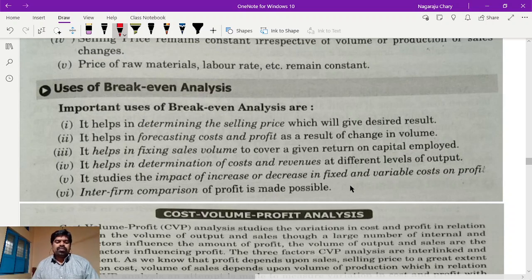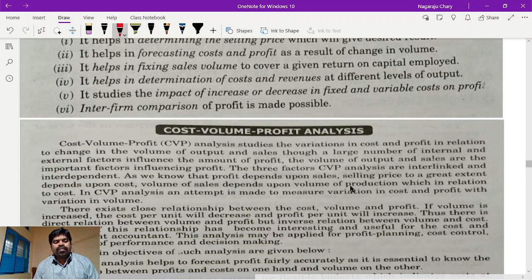The fixed cost impact on profit and the variable cost impact on profit can be analyzed separately through this analysis. And inter-firm comparison of profit is made possible, within departments or firm to firm. So these are the uses of break-even analysis.